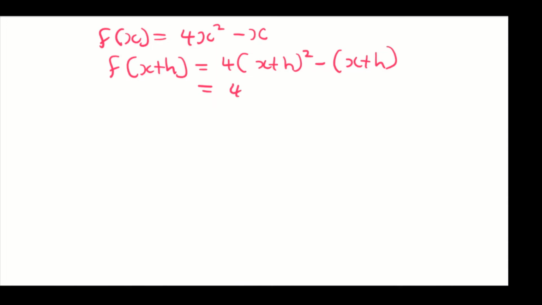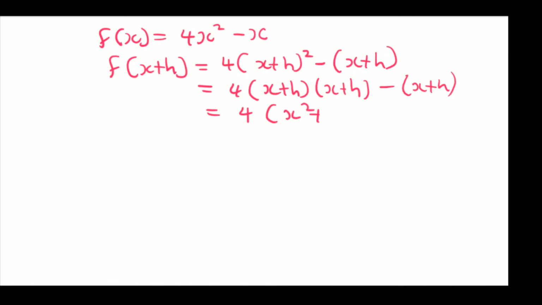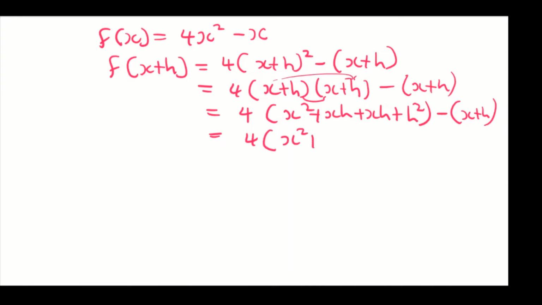If you write it, it's going to be x plus h minus x plus h, and we'll have x squared plus xh, and this one here plus xh plus h squared, minus into x plus h, and we'll have 4 into x squared plus 2xh plus h squared, close bracket, minus into x plus h.